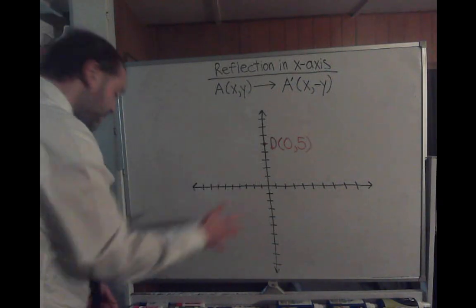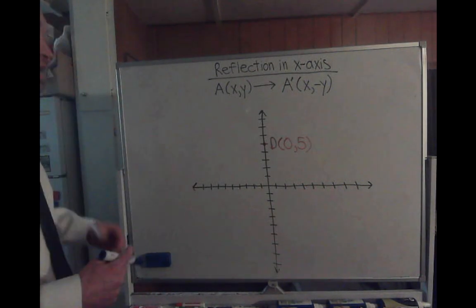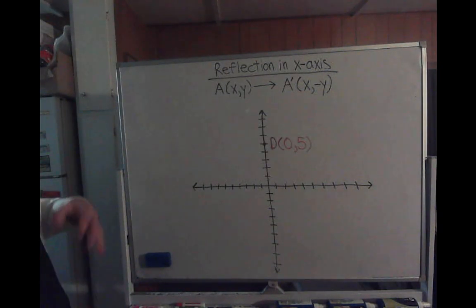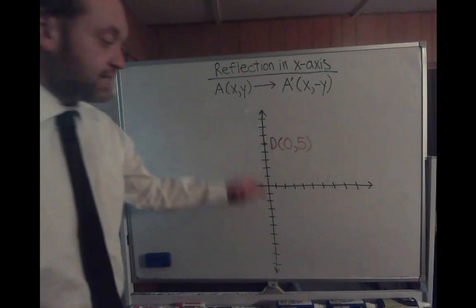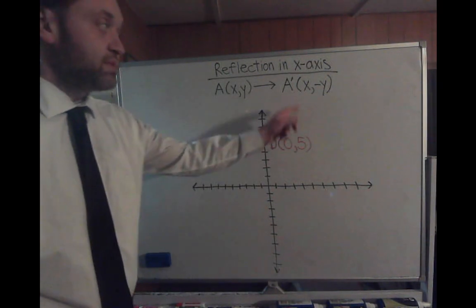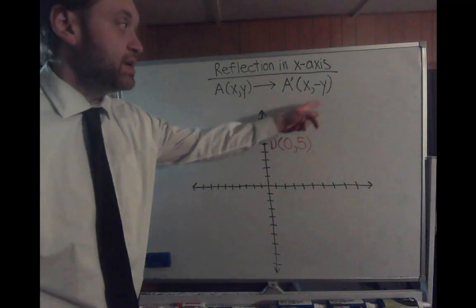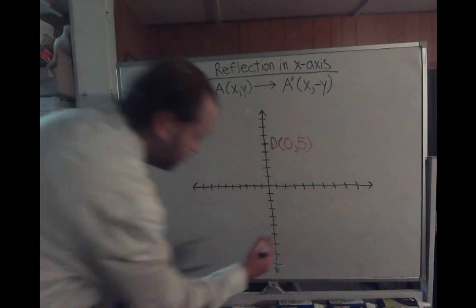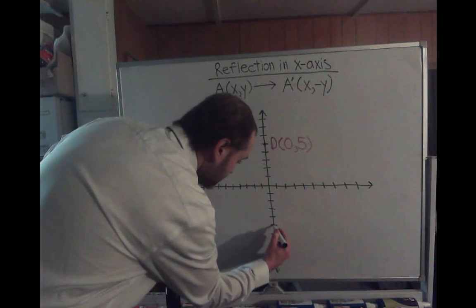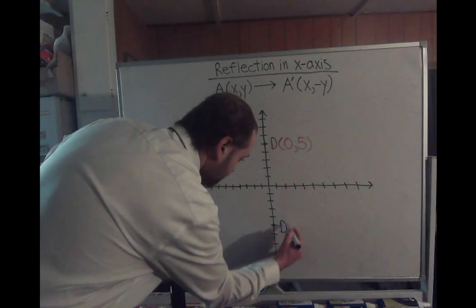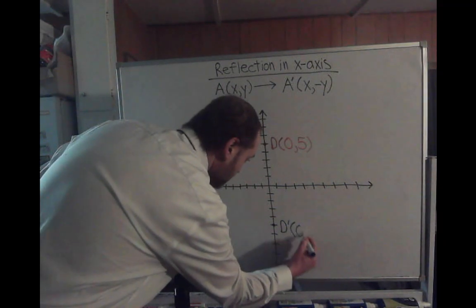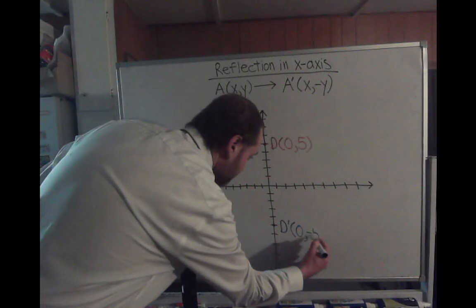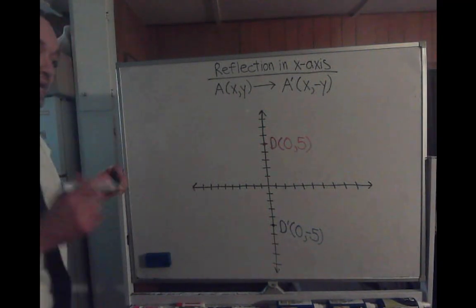So we have it right on the y-axis, but that's no worry. We want to reflect this in the x-axis. Using the x-axis as a mirror, we keep the x-coordinate the same but negate the y-coordinate. If I negate the 5, I would be at 0, negative 5 for my D prime.